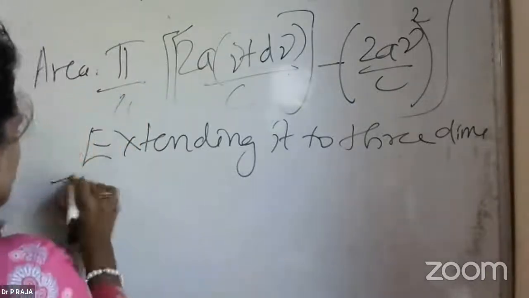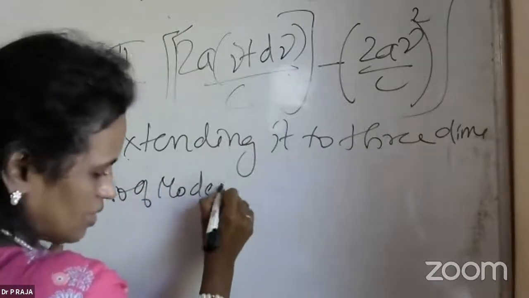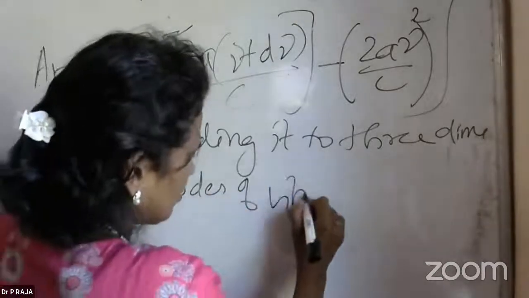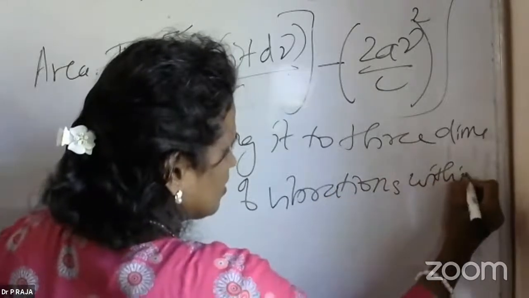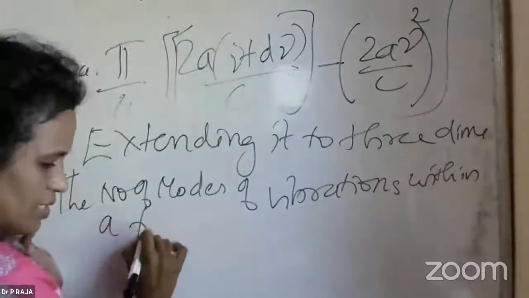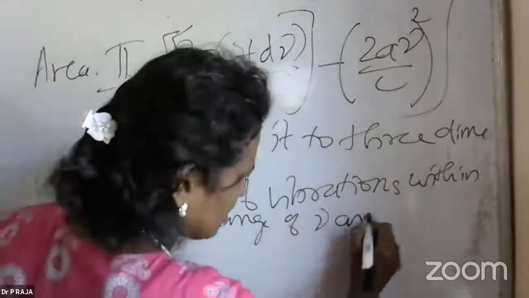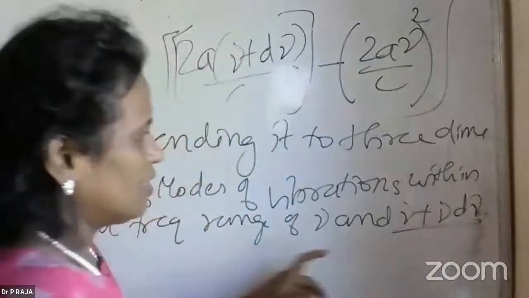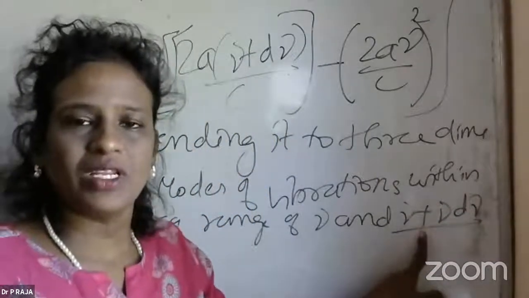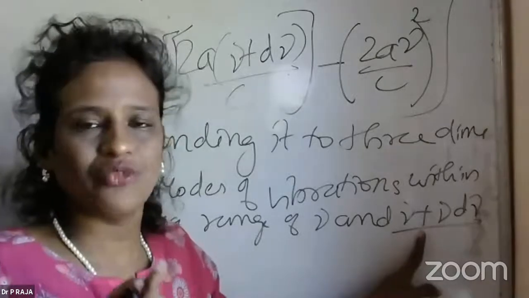The number of modes of vibration within a frequency range of nu and nu plus d nu is equivalent to, in the previous case, we took the circle and calculated the area for two dimensions.